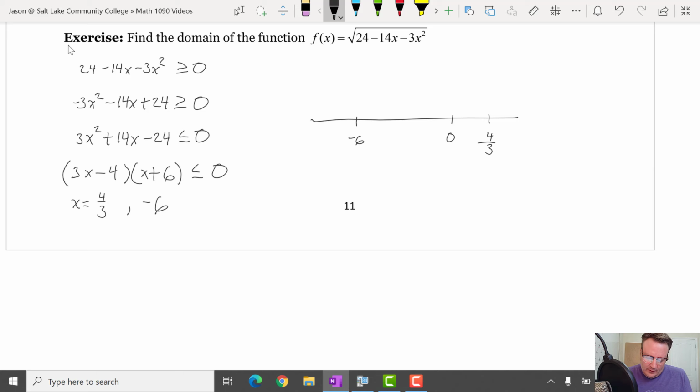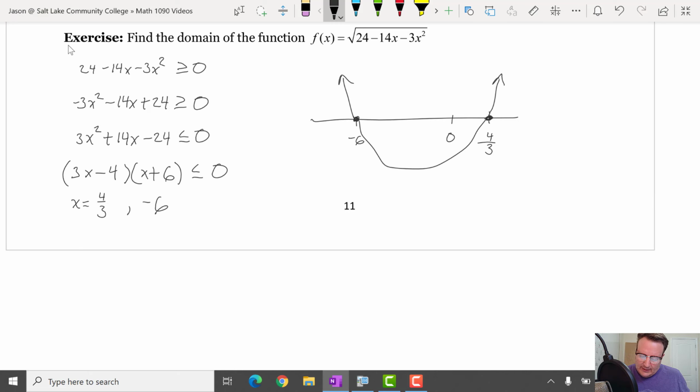There we go. Now, do we want to include the zeros in our solution set? Yeah, because this is non-strict inequality, so I'm going to put some closed circles there. And of course, since this is a parabola which opens upward, I'm just going to put something in like this. There we go.